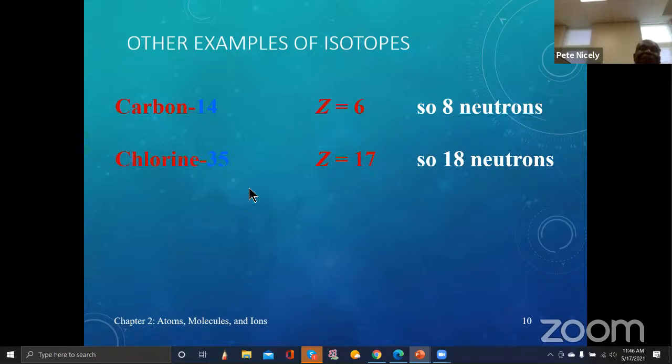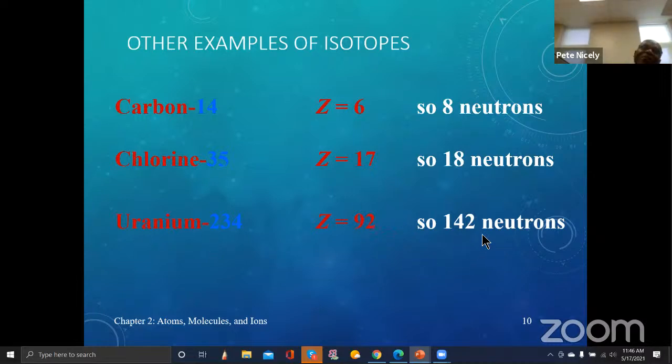And even for something more complicated, like chlorine, it's the same principle. In this particular isotope of chlorine, the mass number is 35, the atomic number is 17, so we can determine the number of neutrons, which in this case would be 18. And even one that's more complicated, like uranium-234, the atomic number for uranium is 92, so to get the number of neutrons, we subtract the 92 from the 234.